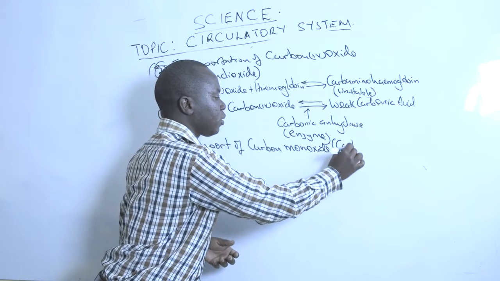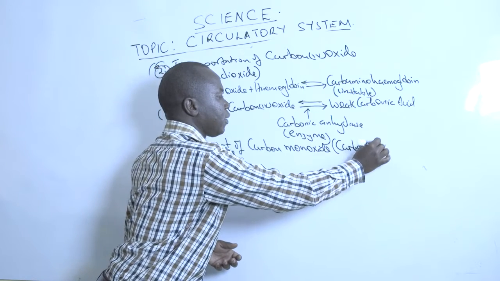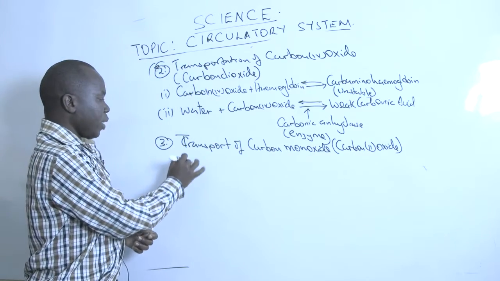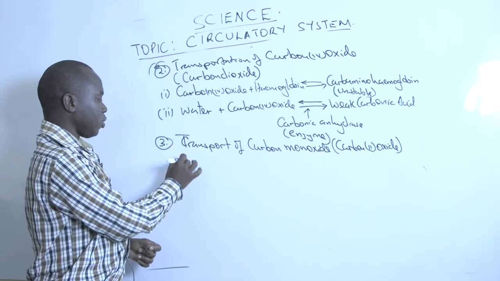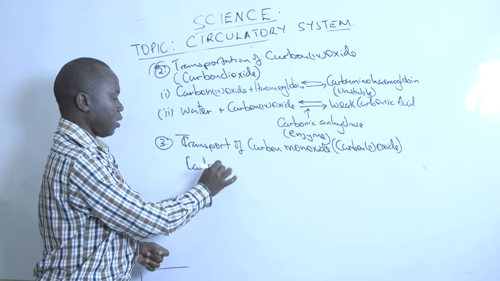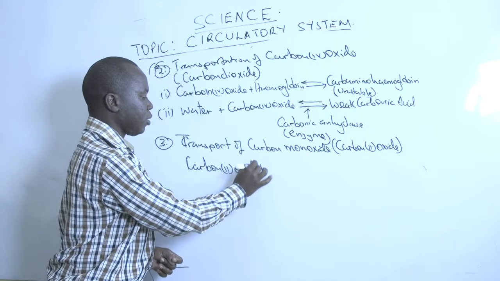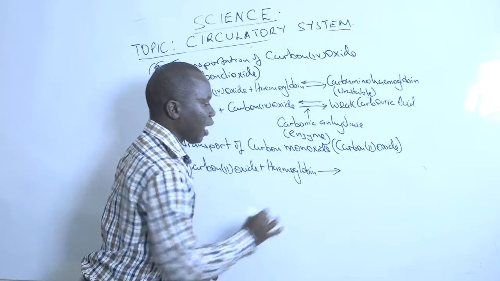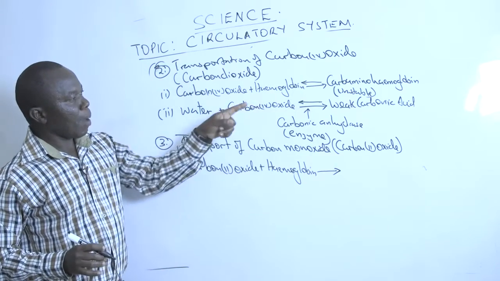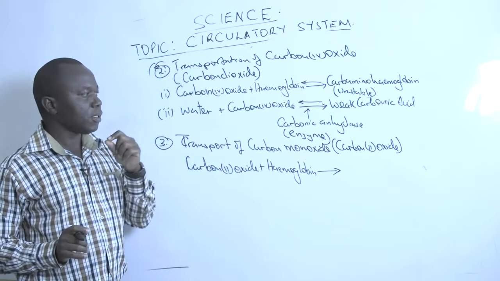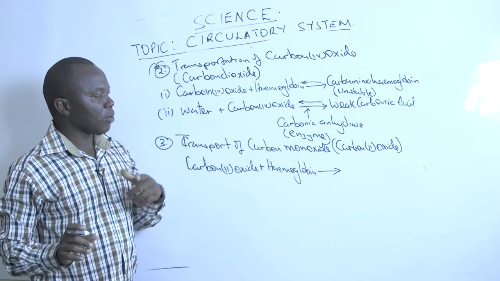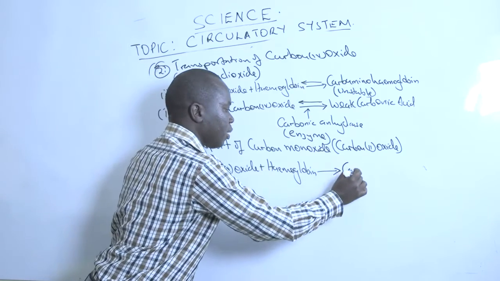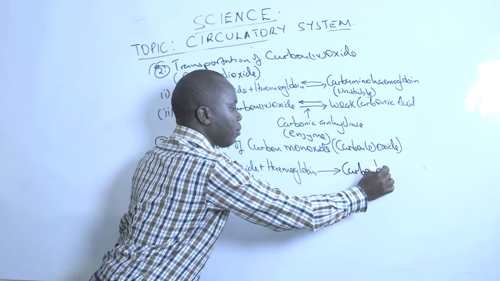When carbon monoxide comes in contact with the hemoglobin, it forms a very stable compound called carboxyhemoglobin.